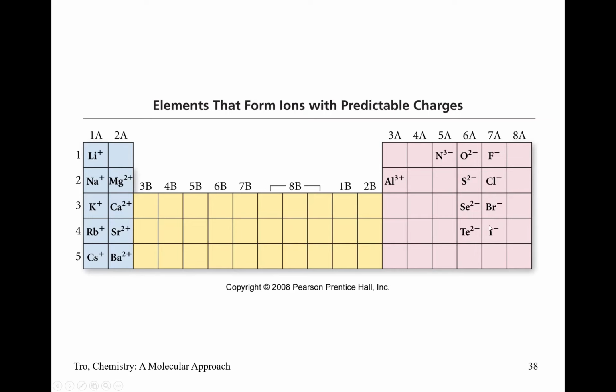The elements over on the far right side, it's easier to grab an electron. So everything in group 7 is going to grab 1 electron, and then it will have the same number of electrons as the noble gas next to it. Then group 6 grabs 2 electrons, and you'll have the same electron count as the noble gas in the same period or row.